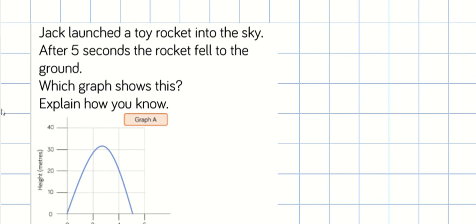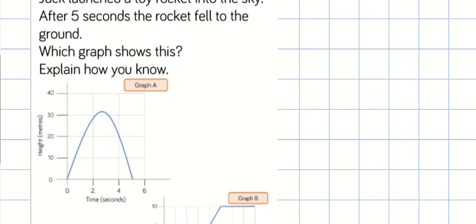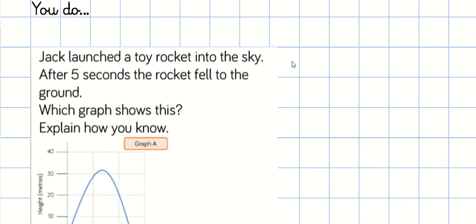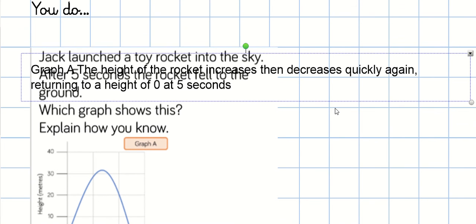The answer is, of course, graph A, because the rocket, as he said, goes up for 5 seconds to a big height of 30 meters. So the rocket's gone up, but then it came back down to the ground. So your explanation should have read something a little bit like this.